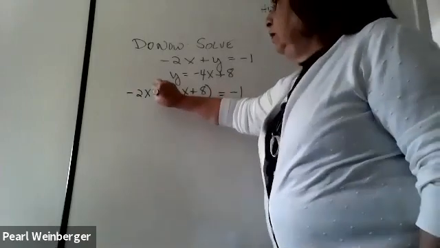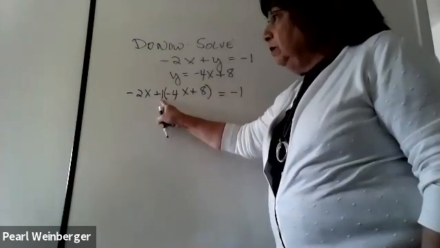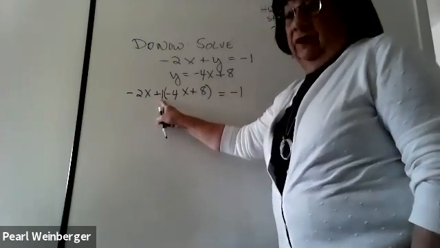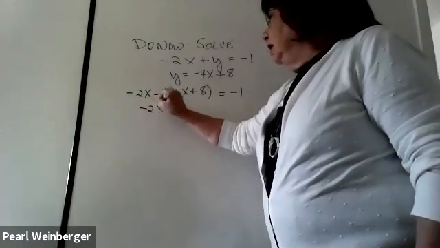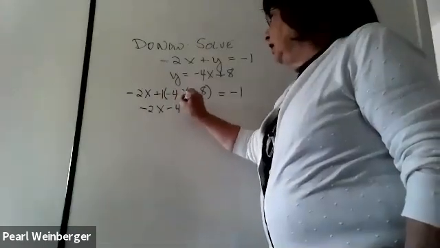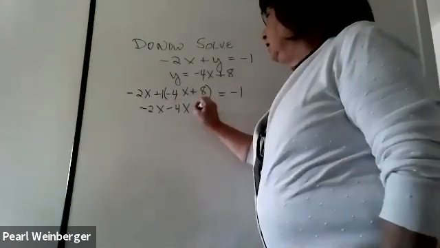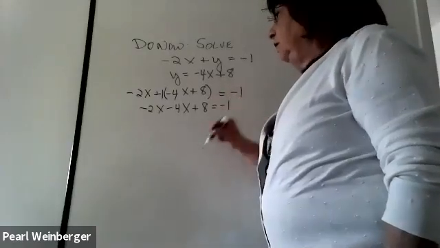Now, remember, you want to remove this parentheses, and since there's no number in front of it, it's understood as if it's 1. So this really becomes negative 2x. 1 times negative 4x is negative 4x. And 1 times 8 is plus 8 equals negative 1.